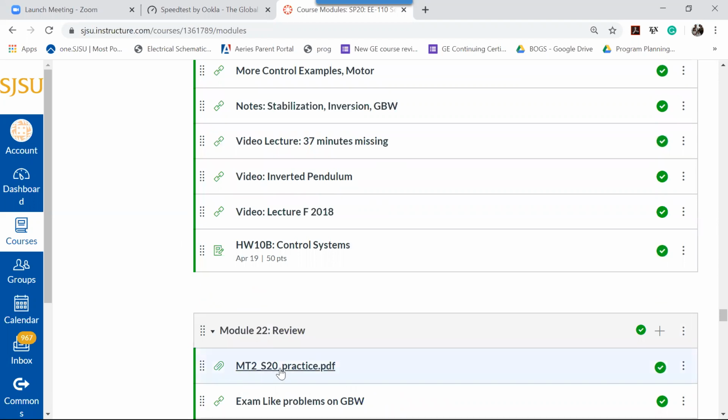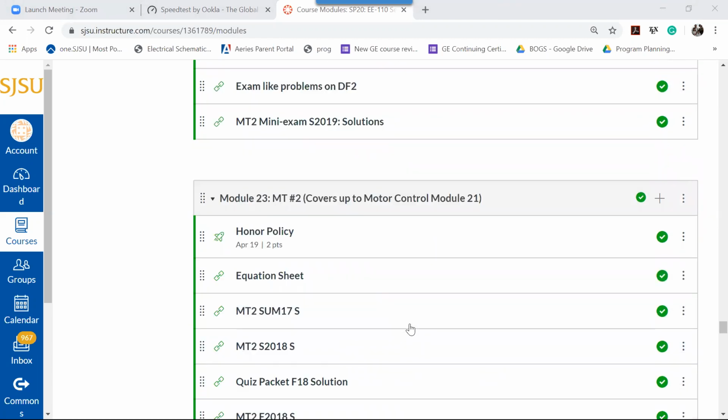Module 22, midterm S20 practice. Okay. I actually, this is just practice. So I had sent out that email a half hour ago. Okay. The real exam, that's a good question though. The real exam will be right up here.